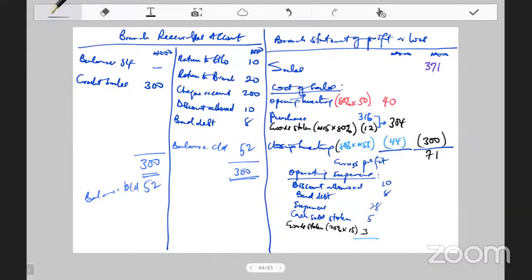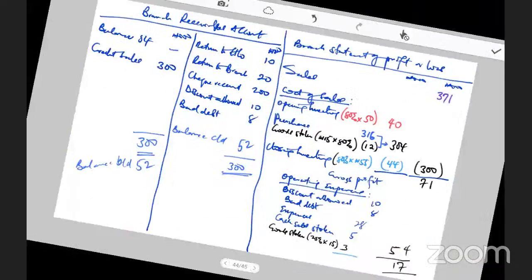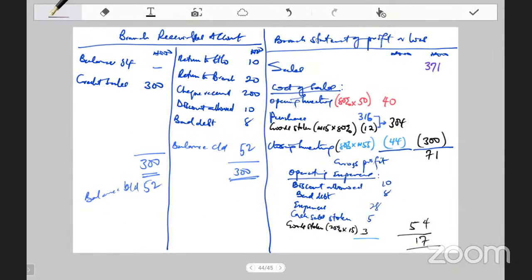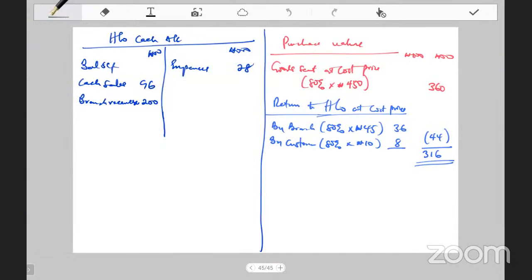So let's write it down properly. 54. Give me 17. Is that correct? So that is it. Any other item? Yes. So let's wrap this up.